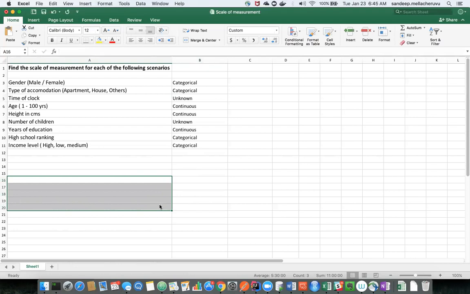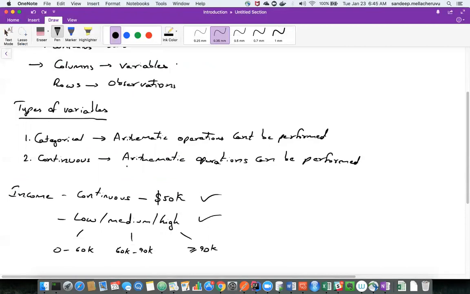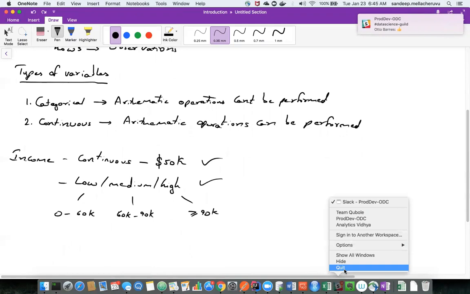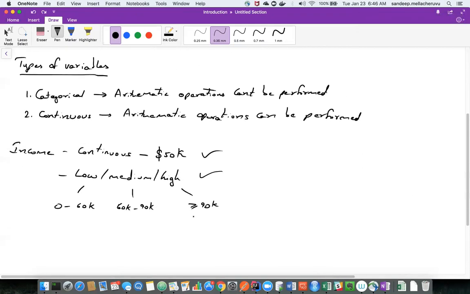But the problem is how many I have to try out. So this categorization of continuous and categorical is a little bit confusing and not very well defined, right? That's why we go into further classification.